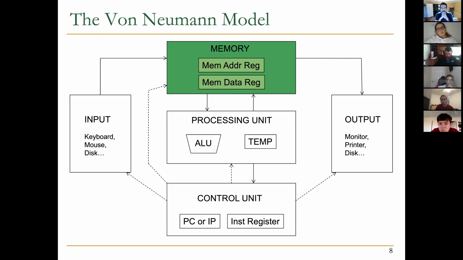The processing unit is the part where all the mathematical operations you need for any arithmetic are implemented. And the control unit is essentially the key piece for orchestrating all of these components together. Do you have any question before we move on?